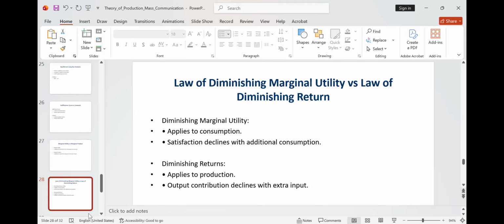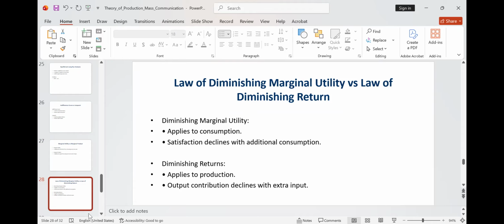Then law of diminishing marginal utility versus law of diminishing returns. We have talked about the law of diminishing returns, and we said it applies to production. Output contribution declines with extra input. But diminishing marginal utility applies to consumption. Satisfaction declines with additional consumption. What do we mean? You take a bottle of Coke, take another one, take another one.